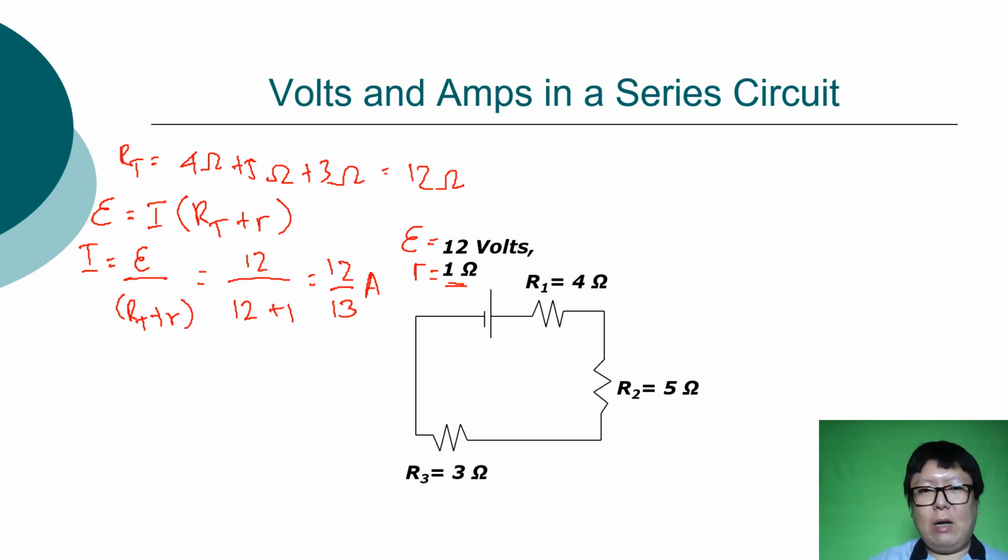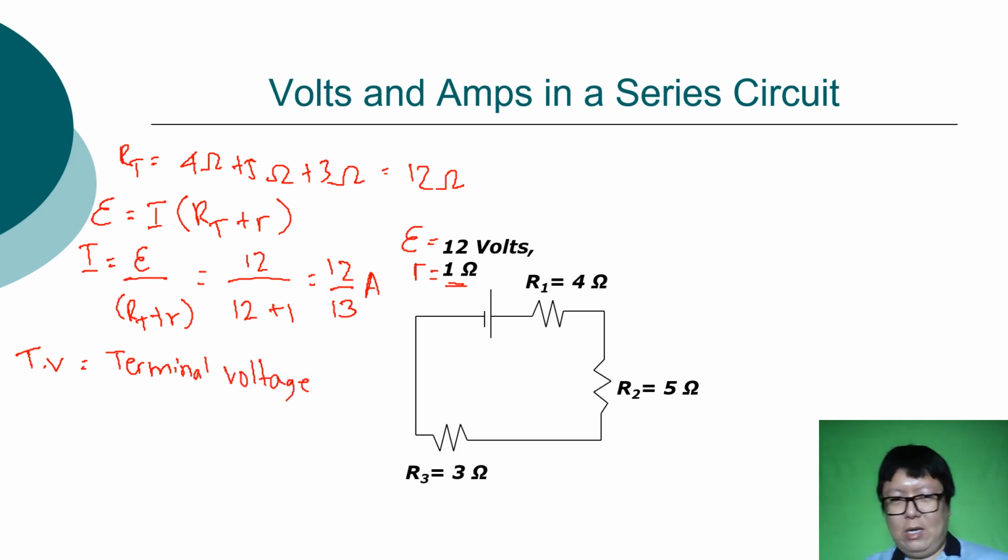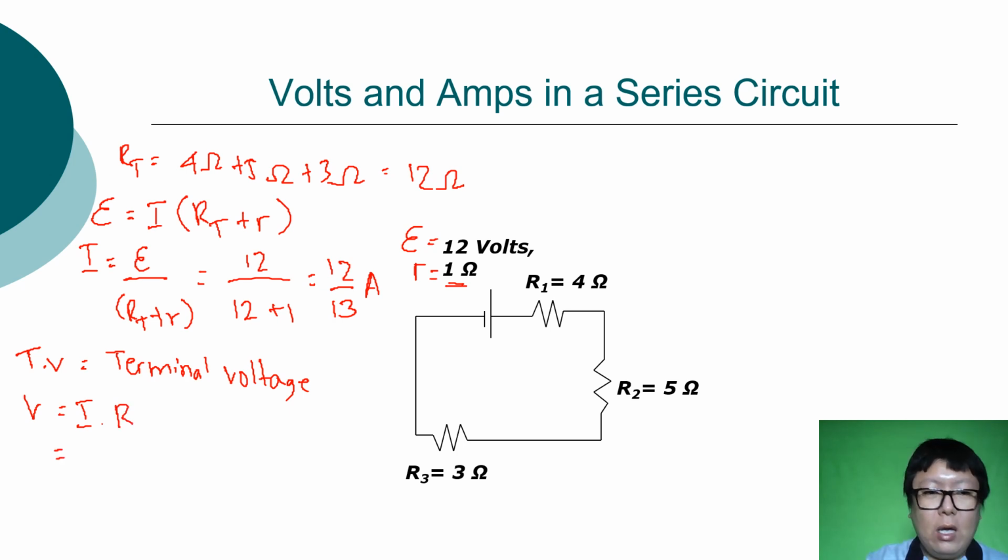Okay, now how to find the terminal voltage? TV, yeah. Terminal voltage is the voltage that goes out, the voltage in this circuit. So the terminal voltage is V equals I times R equals 12 over 13 times the RT, which is 12.